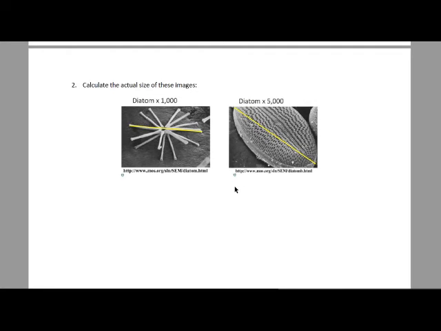Measure the diameter, like the yellow line, then divide that by the magnification, and then convert it to, I don't know what this measurement is. I don't think it's nanometers, but okay. So we measure the cell, and since this image has been magnified 1,000 times, it's 1,000 times smaller, right? So we divide this measurement by the 1,000 times.